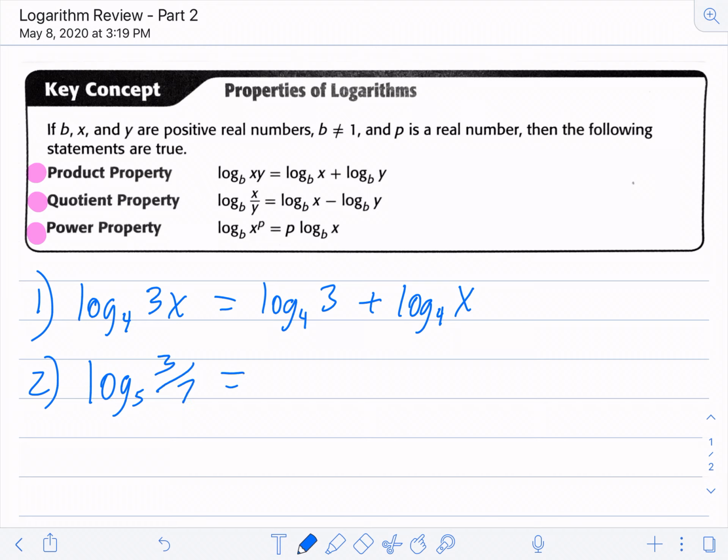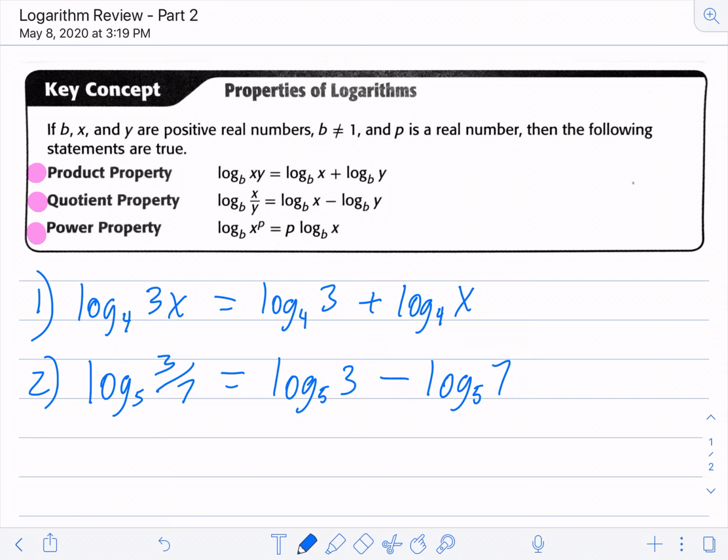Well, I can split that up into log base 5 of 3 and log base 5 of 7, but there's going to be a subtraction in between. So terms that are found in the denominator are going to have a negative log when I split them apart. So this is going to be log base 5 of 3 minus log base 5 of 7.